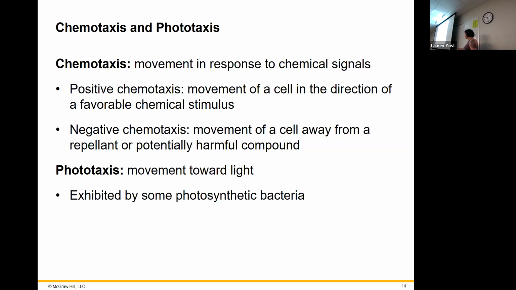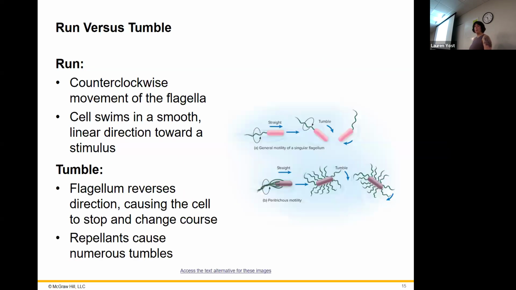Imagine if I had fresh baked cookies at the front up here. Everybody would want to move towards that, right? You can smell it. That's your chemical signal that you want to come towards the food. If I put a pile of dog poop up here, you would smell that and want to go the other way. That is chemotaxis. So that's what they are doing in their own world and with their own things. Phototaxis is the same thing. If you're a photosynthetic bacteria, that might be something that you want to pay attention to.